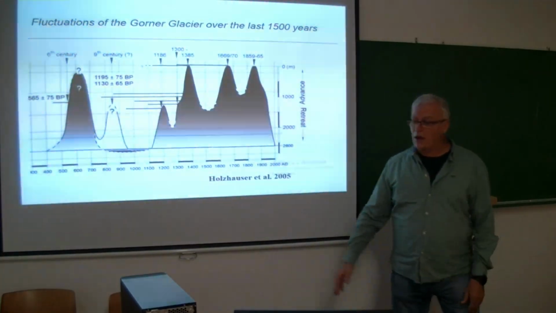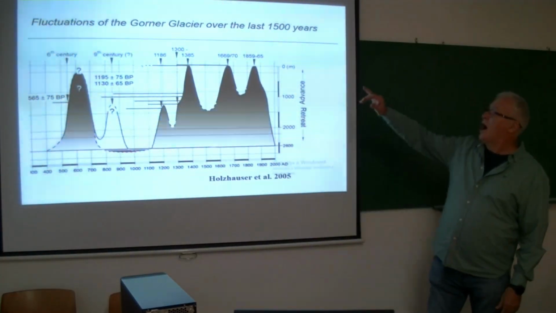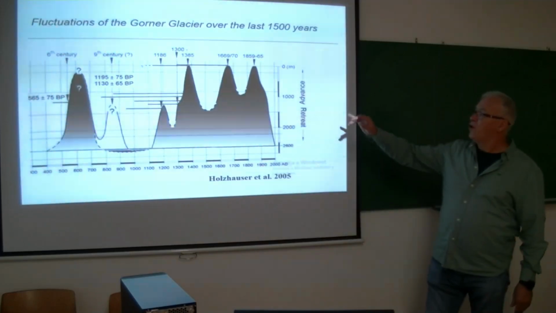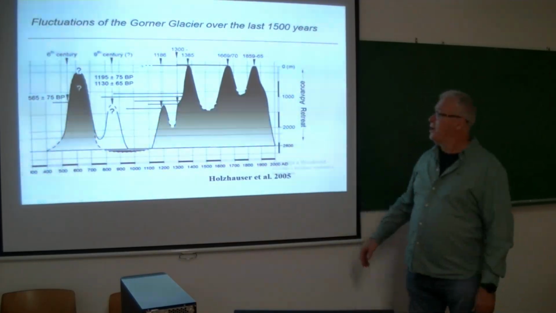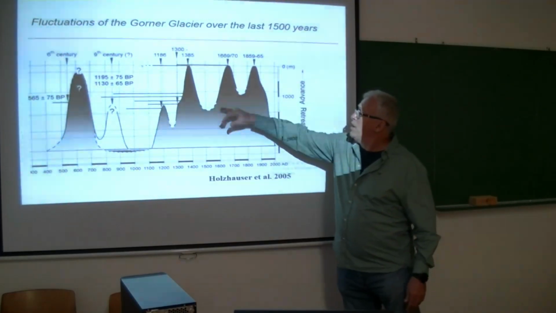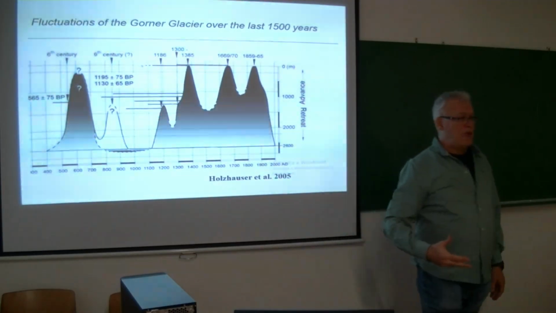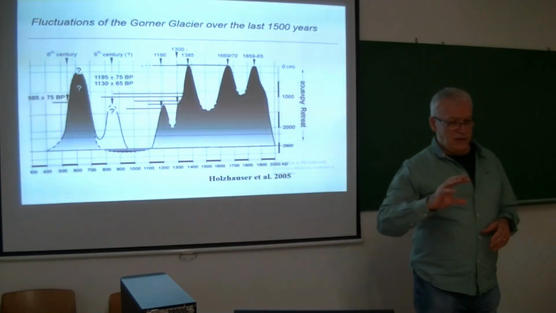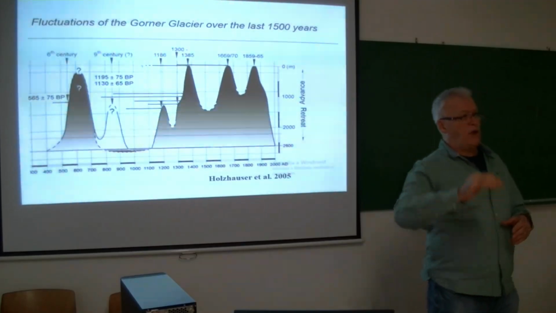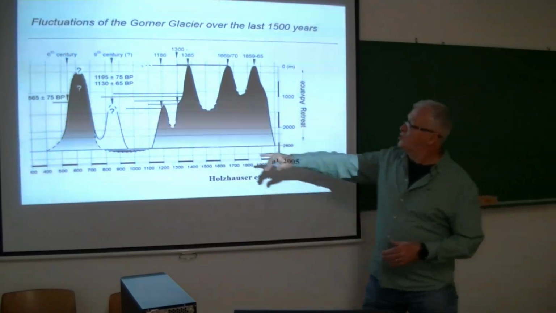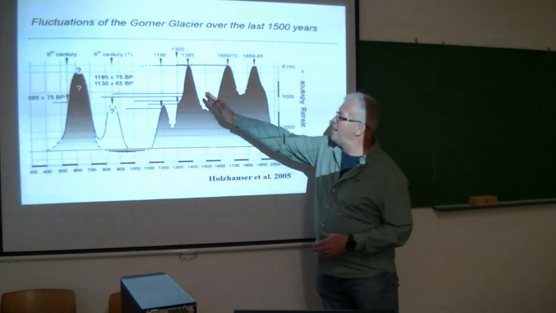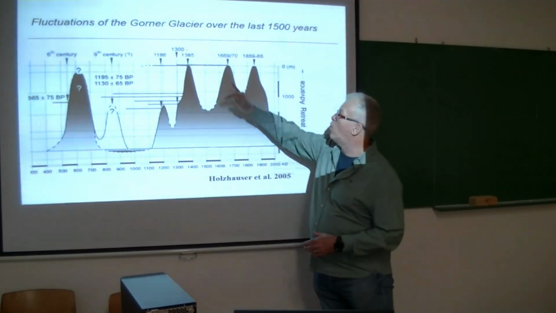Okay, if we look, for example, at how the Gorner Glacier changed, we can follow how it changed. Climate change never means a whole, for example, a modern manipulation, becoming colder and warmer. It changed the climate and we can divide it into warmer and colder periods.